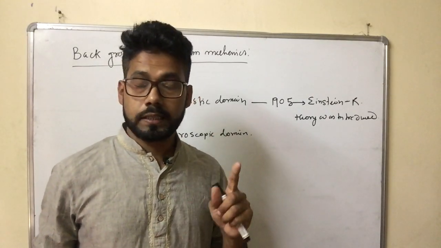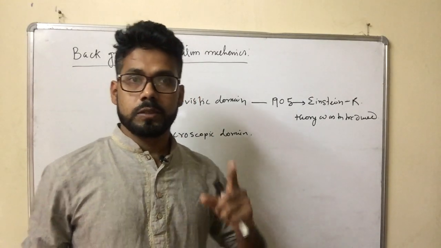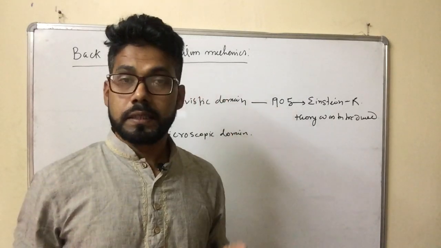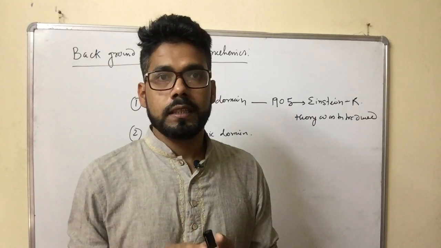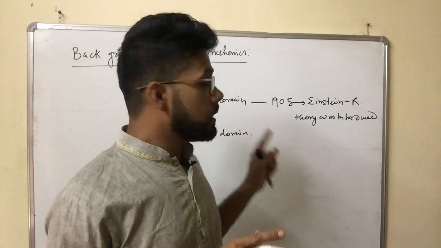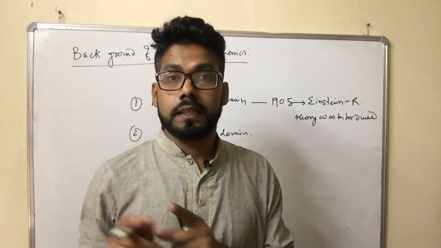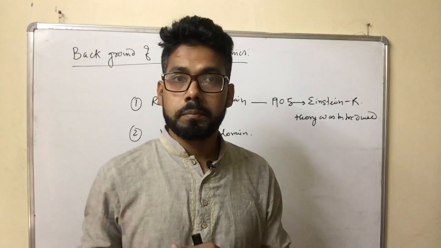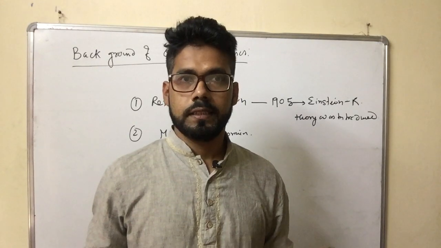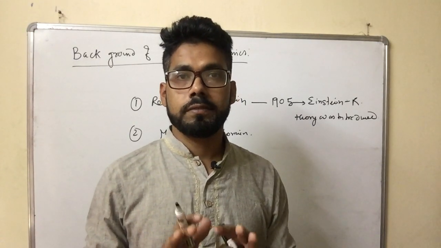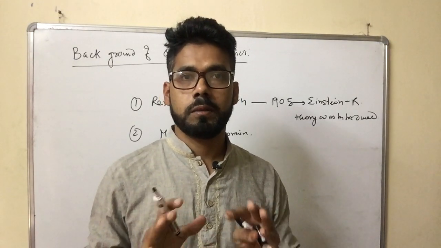This theory shows that classical physics, I mean Newtonian physics, is valid only for low velocity particles. Whenever a particle moves at very high velocity, comparable to the velocity of light, classical physics totally fails to explain the dynamic nature of the particle.